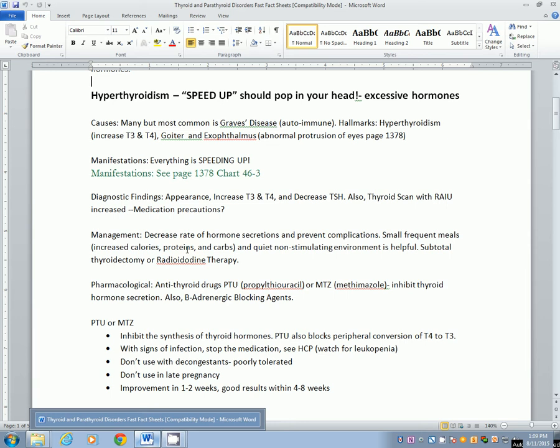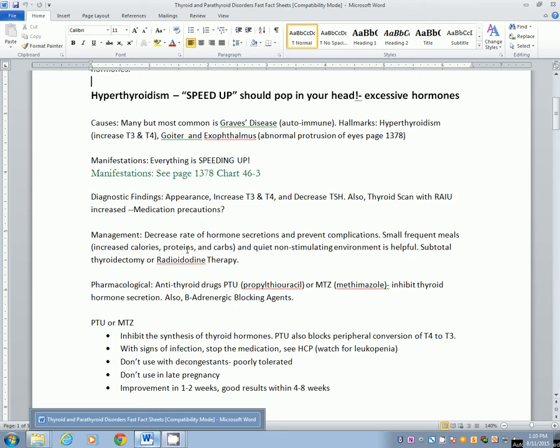Whereas the thyroid scan is a low-intensity radioactive iodine used in the scans. So with the thyroid scan, the iodine has a very short life and no radiation precautions. But with the radioactive iodine uptake test, there does have to be radioactive iodine precautions.